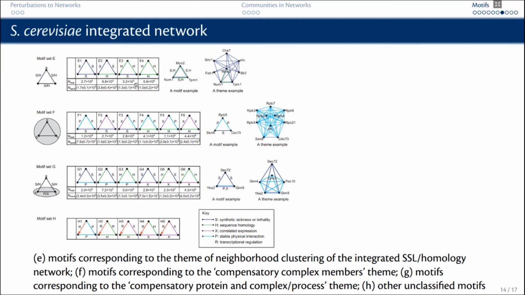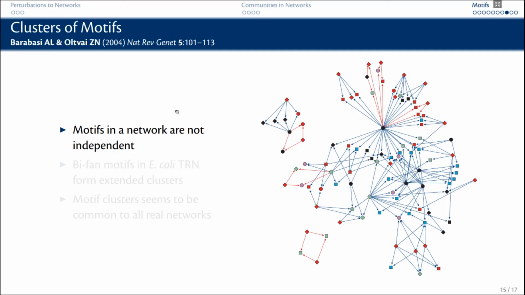Here you have more examples where they report the number of real motifs as well as the number found in random networks, and there are the compensatory complexes, unclassified motifs, neighborhood clusters, so on and so forth. They basically identify different types of motifs in these networks. The one important thing to remember is that motifs are not independent, right?